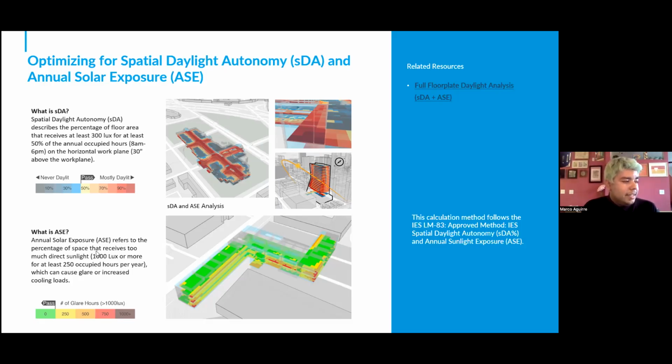The second daylight analysis, ASE, annual solar exposure, is looking for glare. So glare is what we'd consider 1,000 lux, and we're measuring it in number of hours. So if you're having 1,000 lux for over 250 occupied hours, that's an incredibly uncomfortable space.